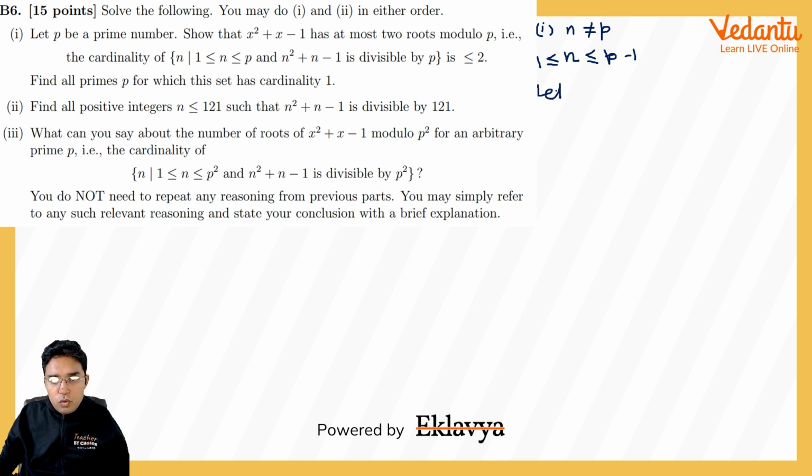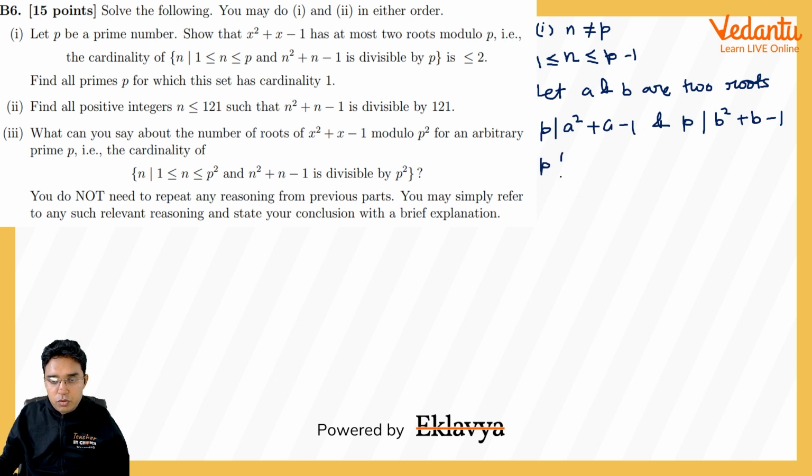Okay, and suppose there are 2 roots, a and b, of this equation. That means p will divide a square plus a minus 1, and also p will divide b square plus b minus 1.